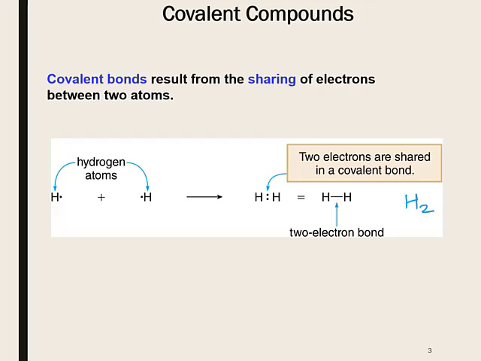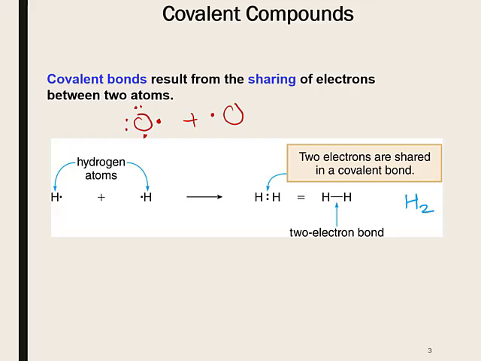In some cases, more than one bond is also possible. For example, let's take a look at oxygen. The oxygen atom has 6 valence electrons because it is present in group 6A. I'm going to represent those 6 valence electrons this way. If oxygen wants to achieve stability, it needs to have 2 more electrons.